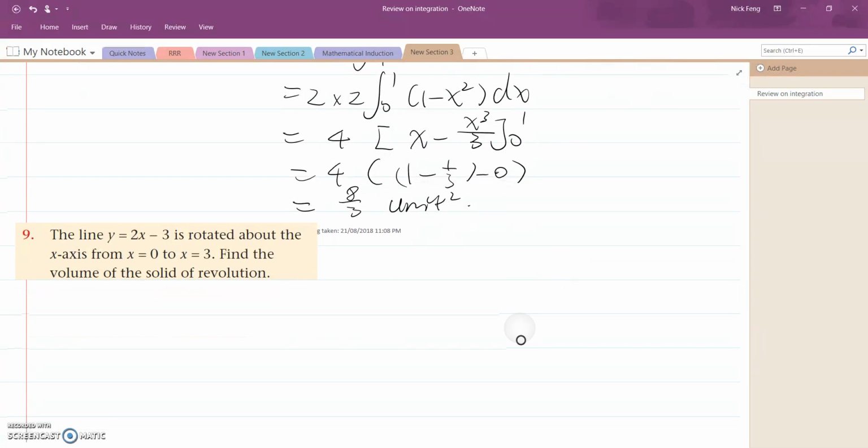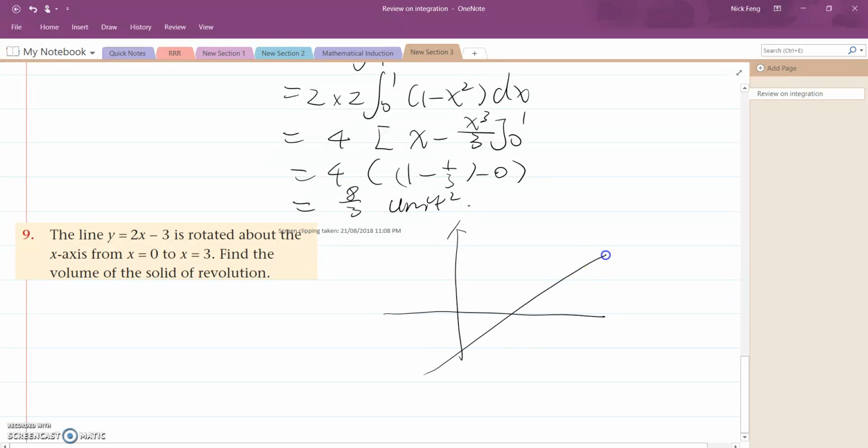The line y equals x minus 3 on 2, is rotated about the x-axis from x equals 0 to x equals 3. Find the volume of the solid generated. So therefore, it's this area until this area.